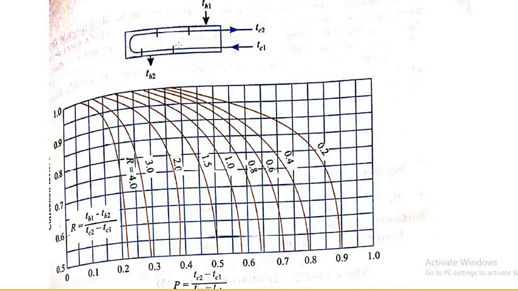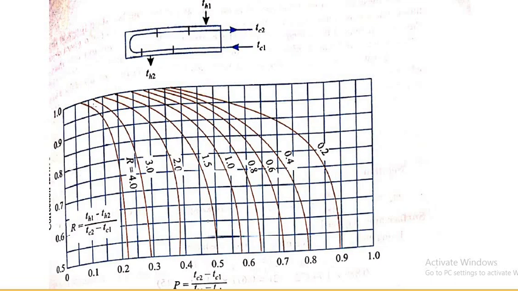So it is a 2 pass 1 shell heat exchanger, or 1 shell 2 tube pass shell and tube heat exchanger. Now in this case we can select this graph for the selection of the correction factor.